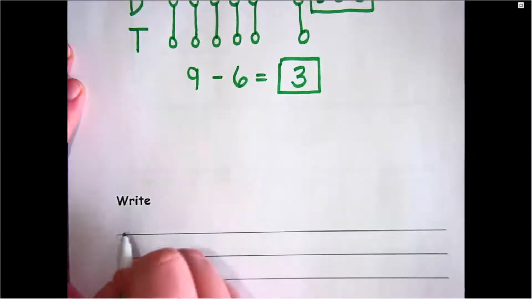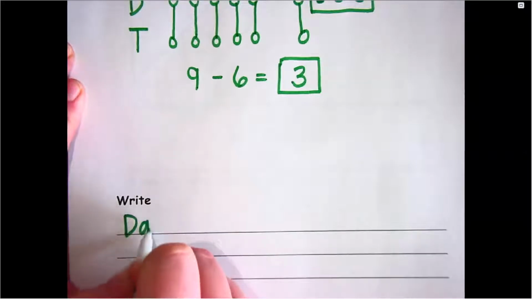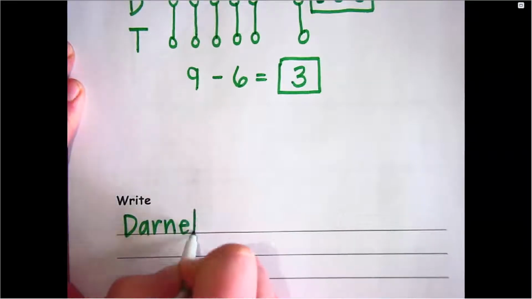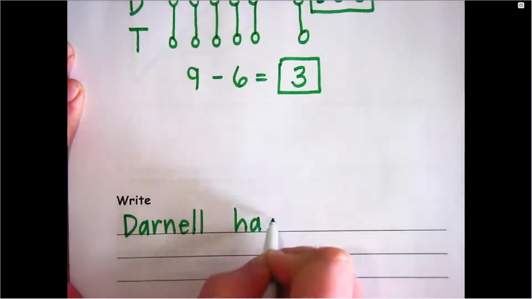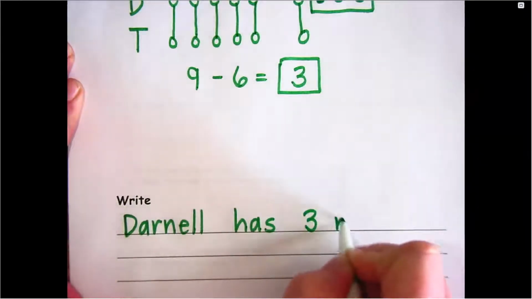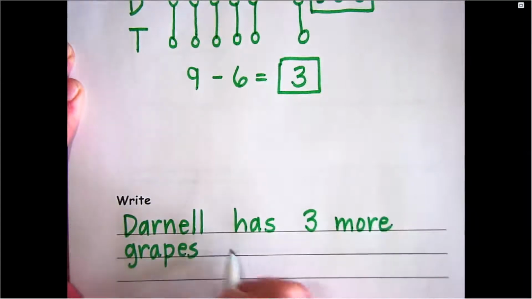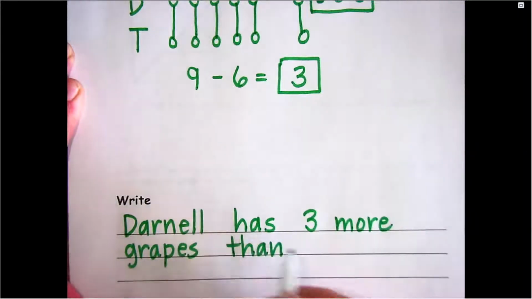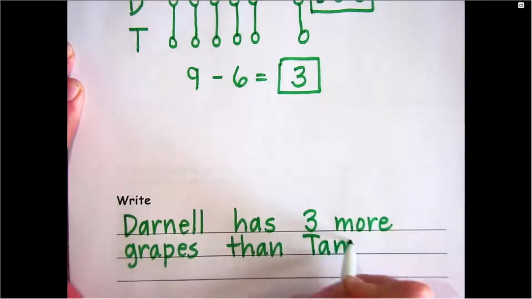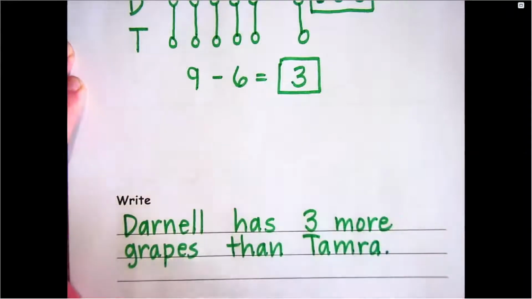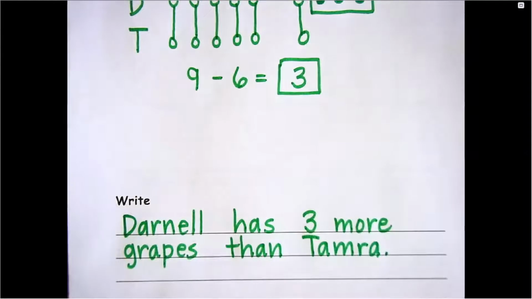All right, Darnell has 3 more grapes than Tamra. Don't forget to write this very neatly and include a capital letter and an end mark. Pause the video if you need some extra time.